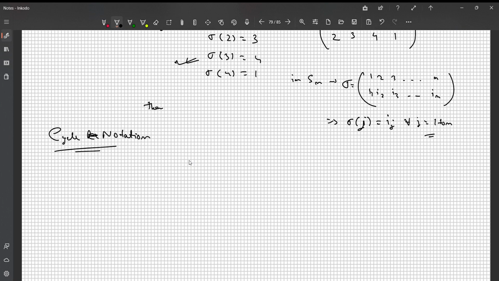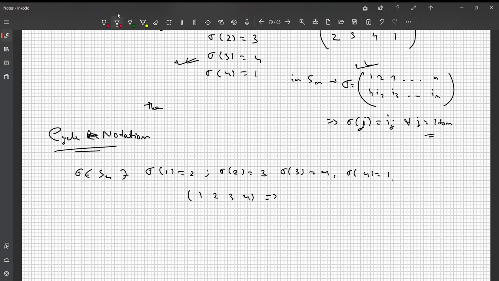Again let us consider this same example, that is you have sigma inside S4 such that sigma maps 1 to 2, sigma maps 2 to 3, sigma maps 3 to 4, and sigma maps 4 to 1. Then we can denote this permutation not like this but like this as well: (1 2 3 4).